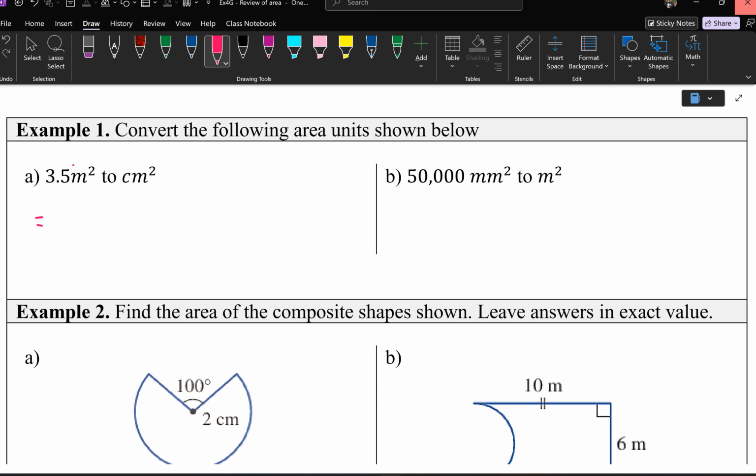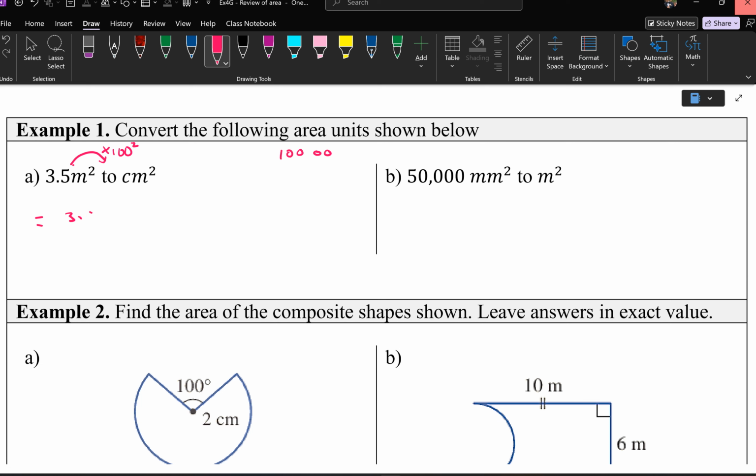So, remember, if you forget the squared bit, just figure out the meters to centimeters. And we know that 1 meter has 100 centimeters, so you have to times that. So it is times by 100 normally, but because it's area units, it's 100 squared. 100 squared is the same thing as saying 100 times 100, which is 10,000, because there's 4 zeros there.